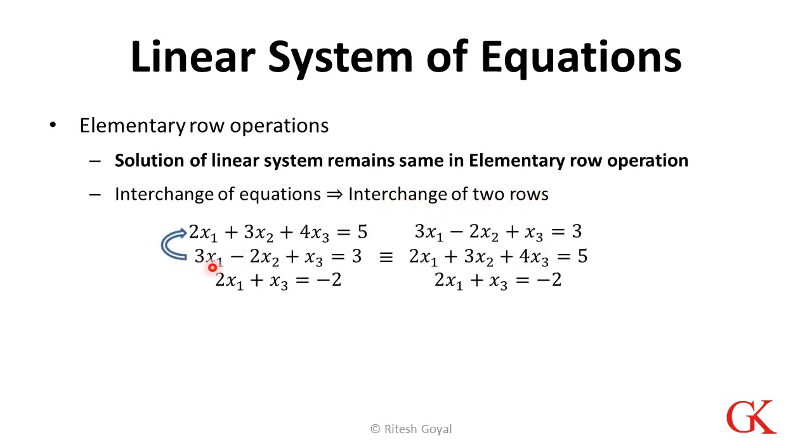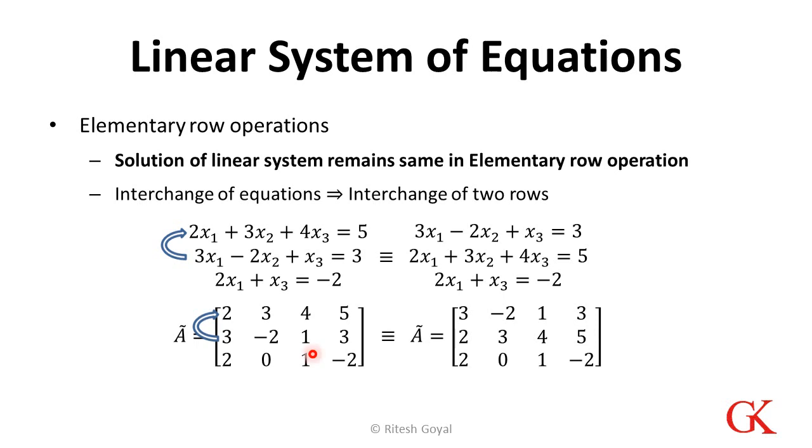So here, if we are changing the first equation to second and second to first, like we can see over here, every one of us can understand that while doing this interchange, the solution will not be affected. It will remain the same because the system still represents the same set of equations, only the way the equations are ordered is different, which will not have any impact on the solution.